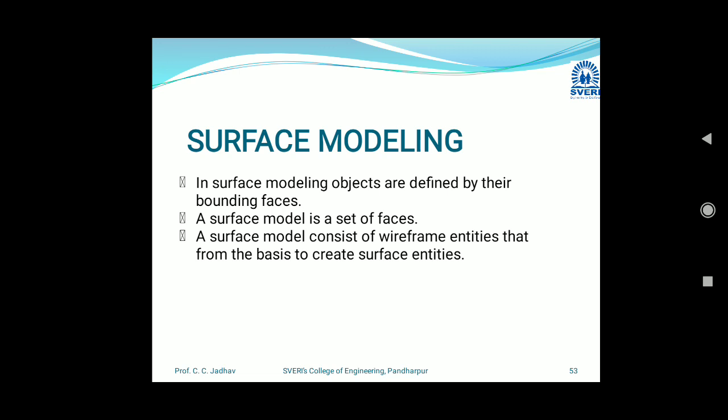A surface model consists of the wireframe entities that form the basis for creating the surface entities. By using the wireframe we are creating the surfaces. We are joining the different edges, sides and nodes to form new surfaces. So this is called surface modeling.